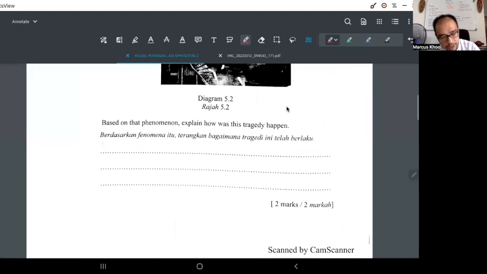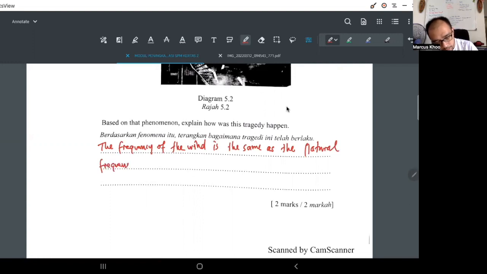So the frequency of the wind is the same as the natural frequency of the bridge.